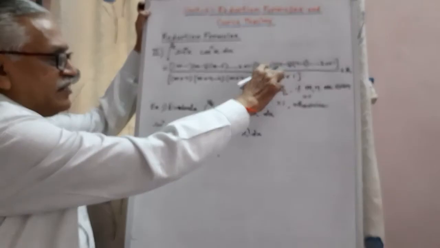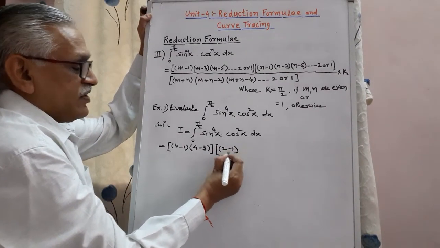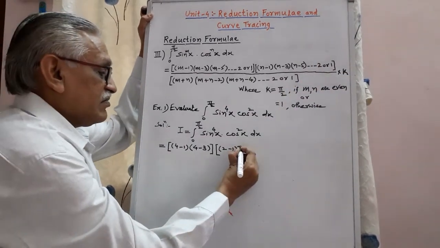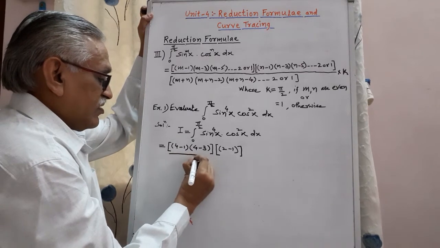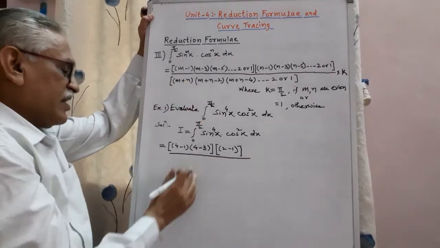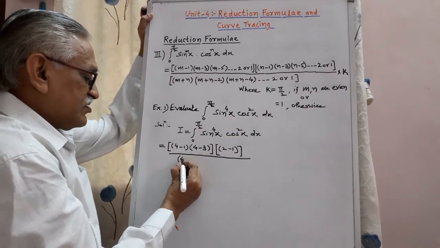For this second bracket, n minus 1, 2 minus 1 we get 1. Last term is 1. Divided by m plus n. Therefore 4 plus 2 we get 6.